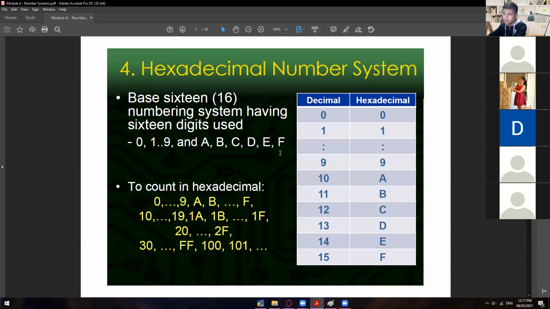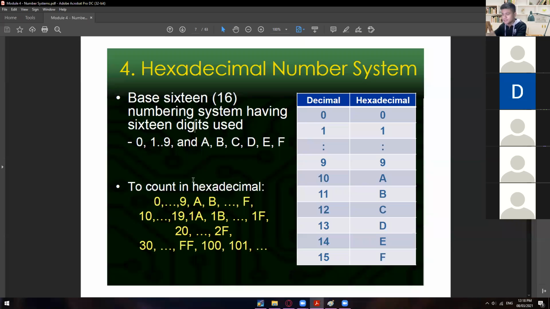To avoid duplication of characters or symbols, we use A as 10 for hexadecimal, B for 11, C for 12, D for 13, E for 14, and F for 15. So that is the reason why we have letters in here.